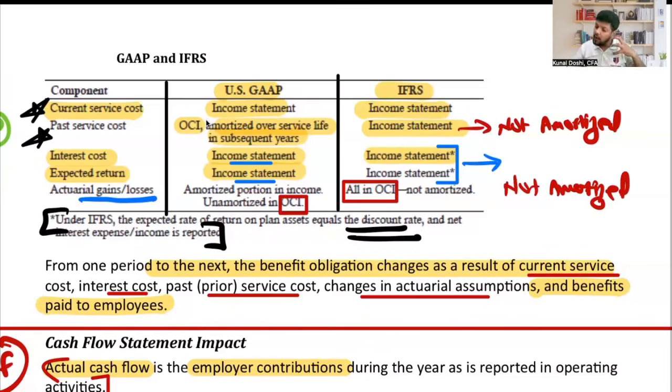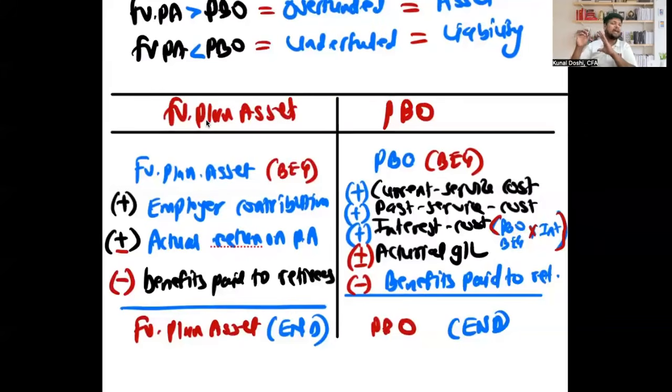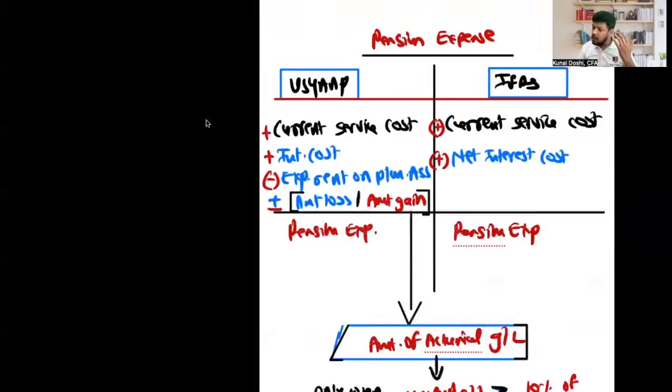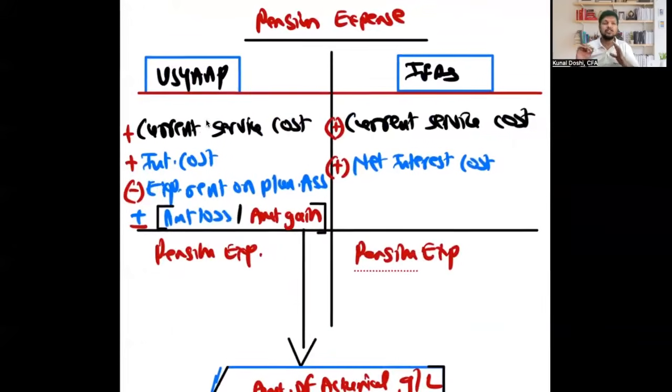Now, this is something you will have to write or memorize. When you see the pension expense, I have summarized them here under US GAAP and IFRS. What you'll notice is what the components are: current service cost, past service cost, which may or may not be there, interest cost, and then expected return on the plan assets.